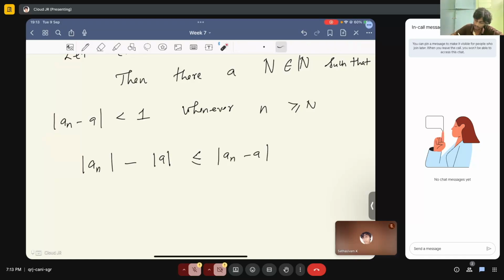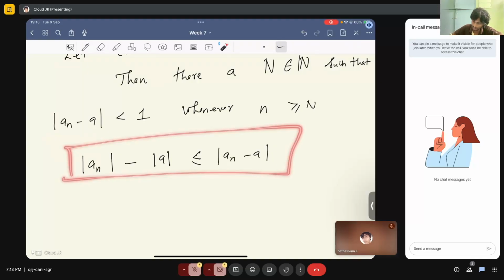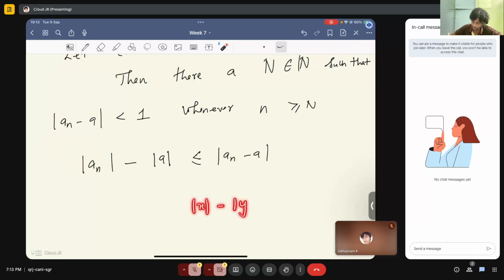This is a standard inequality: if you have |x| minus |y|, this will be less than or equal to |x minus y|. We also did it once in one of the previous tutorials, so I'm not going to do it again, because there's no point in repeating what we already did. So this will be less than 1, and this 1 is basically your epsilon.